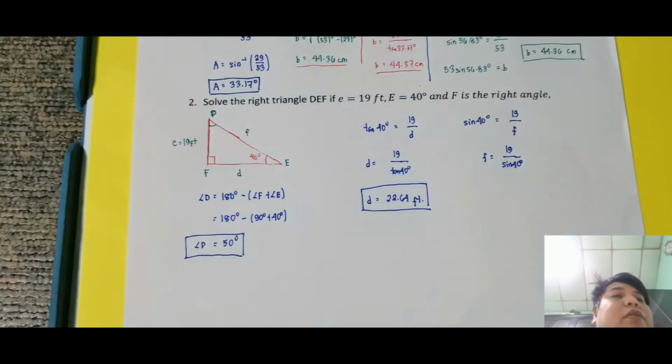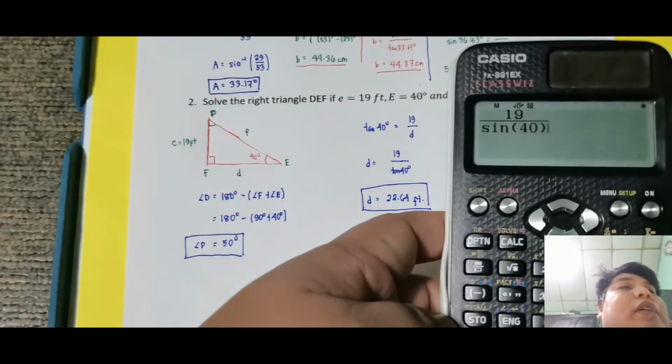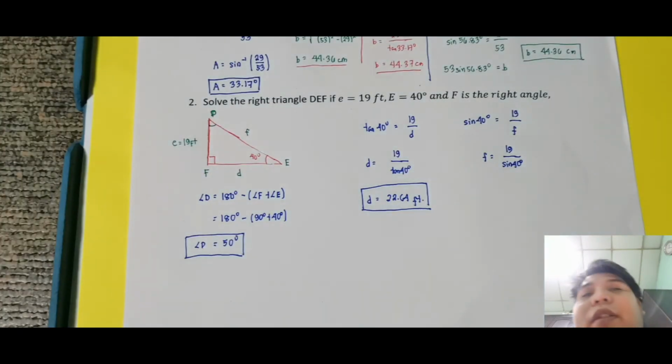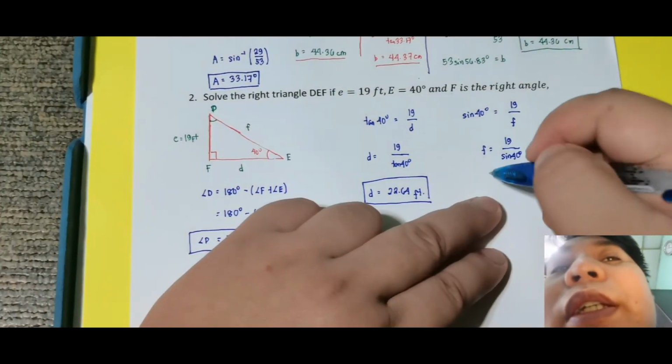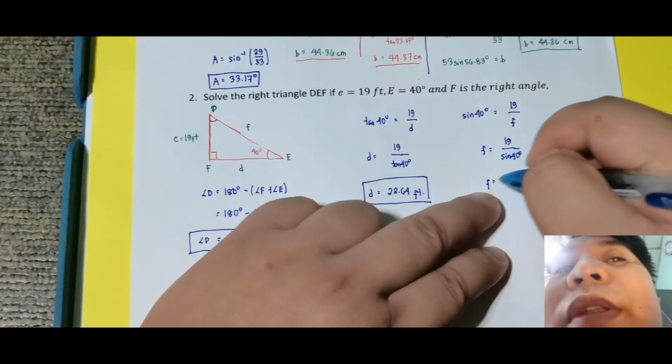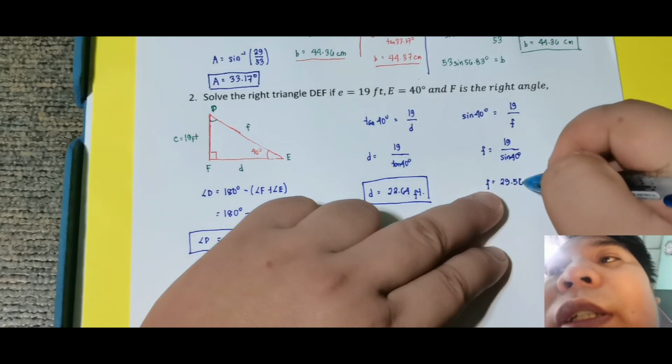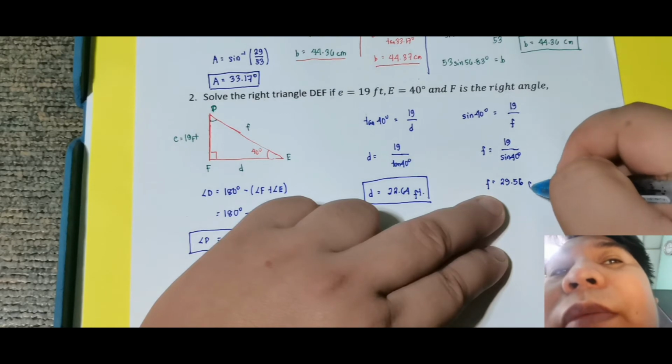Okay, so check. That is 29.56. So F is equal to 29.56 feet.